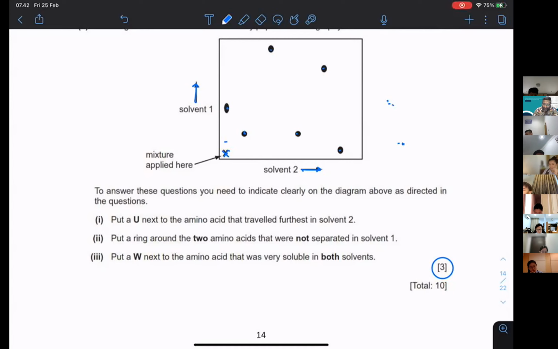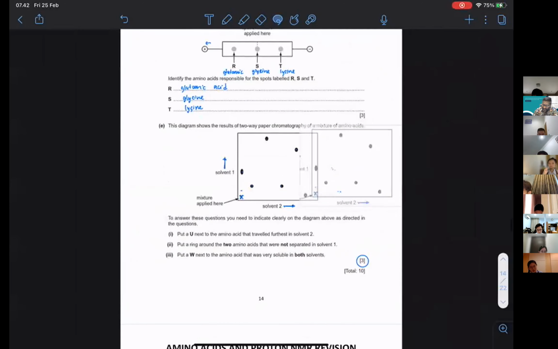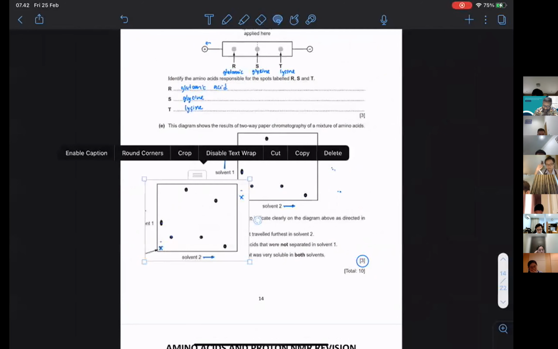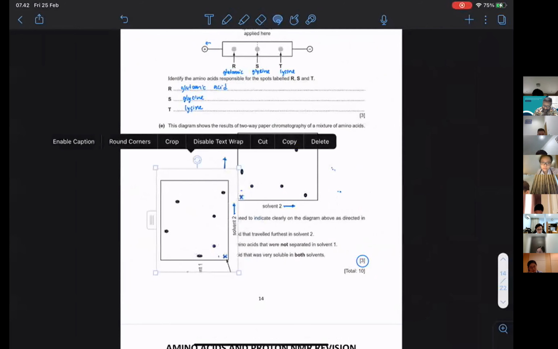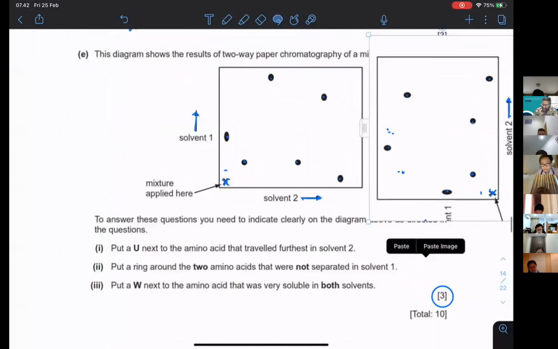If you cannot visualize, I'll just take this one, copy, paste over here. What they did is they just rotate. When they rotate, the separation now goes from here to here and so on.